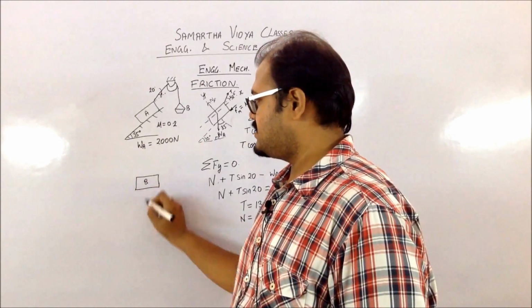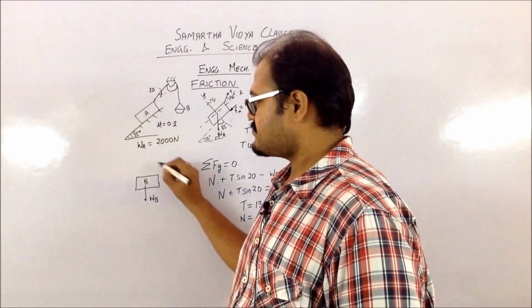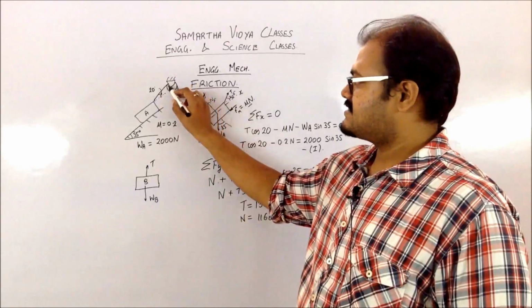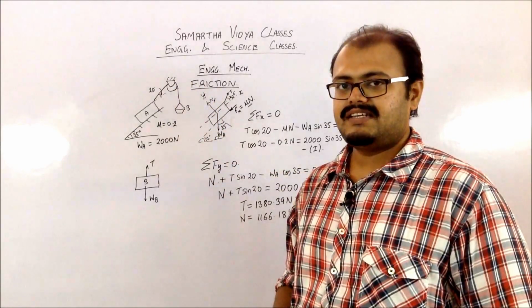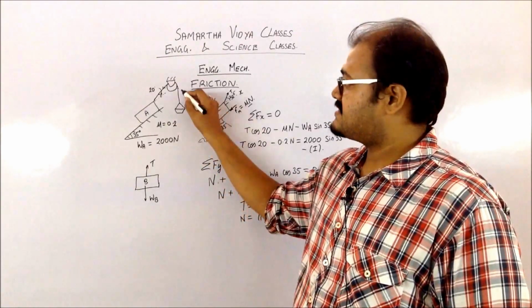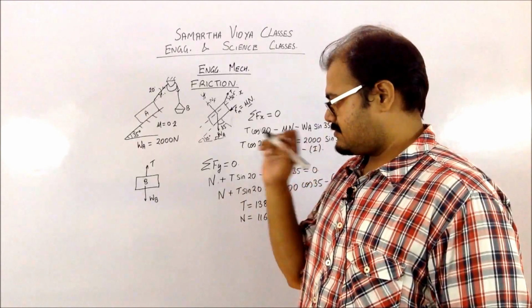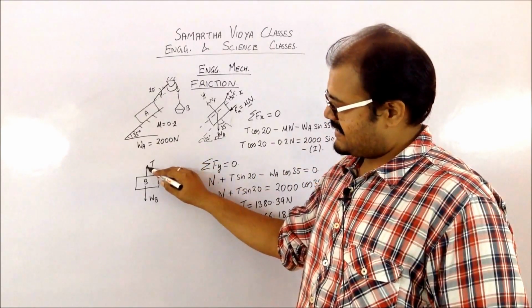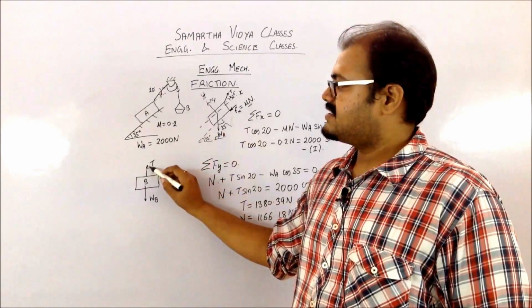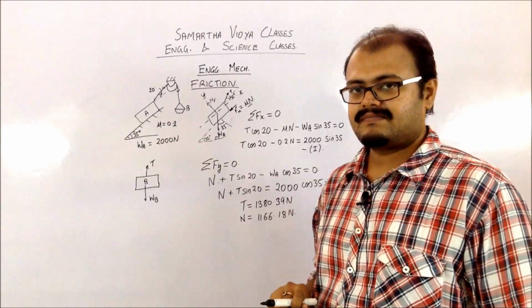So this is your B. It's going to have the weight which is going downwards, and there is a tension T. Since this is a smooth surface of the pulley, whatever tension is generated in this direction will be the same as that generated in this direction. Because of that, the tension present at this particular point for B is also going to be the same tension that is over here.